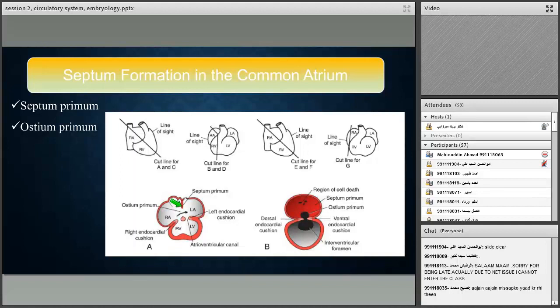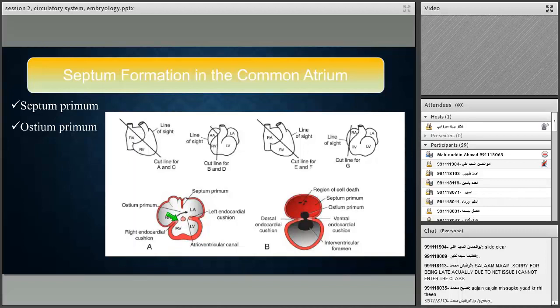Listen please, the opening between the lower part of this septum and the endocardial cushions in the atrioventricular canal is called the ostium primum. At the time of septum formation in the common atrium, we can also see some endocardial cushions in the atrioventricular canal at the same time, near the fourth week.